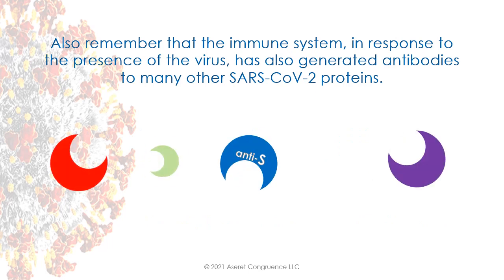So before we go to that explanation, let's always remember that when we get COVID-19, when we're exposed to SARS-CoV-2, the virus, we produce antibodies to a number of different proteins, not only to protein S.